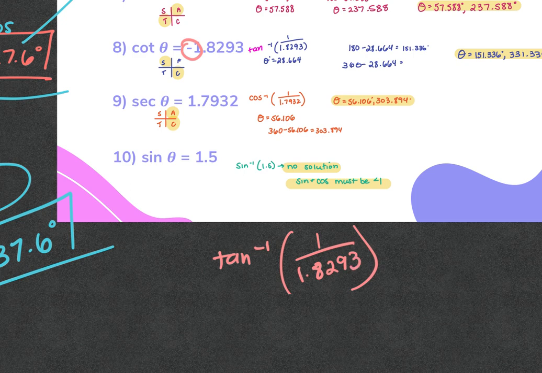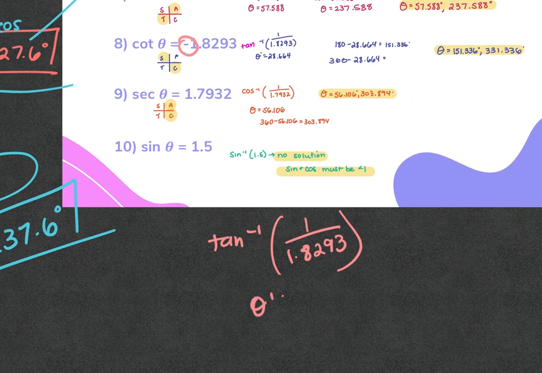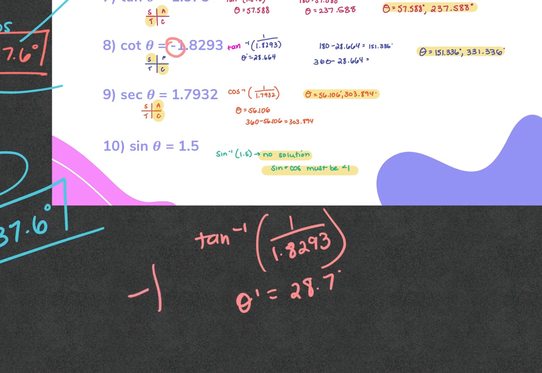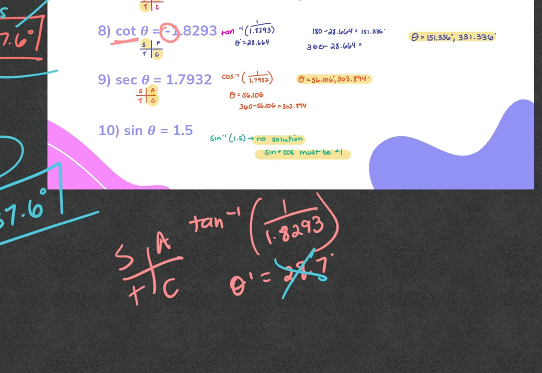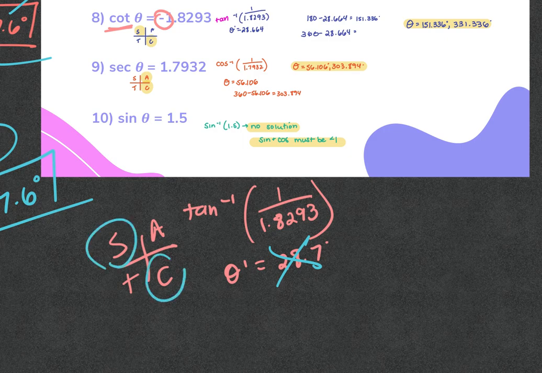So the tan -1 never goes in the bottom. And I get my reference angle is 28.7. That's in the first quadrant. Tangent, which is the reciprocal of cotangent, is not negative in the first quadrant, so I don't use it. I find it in the second and the fourth.